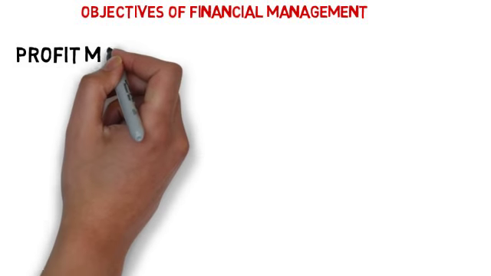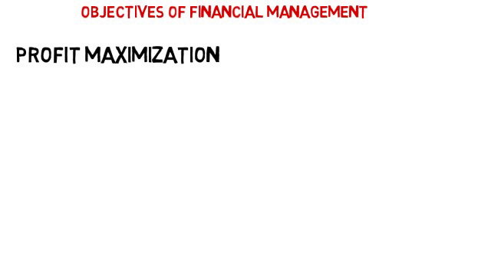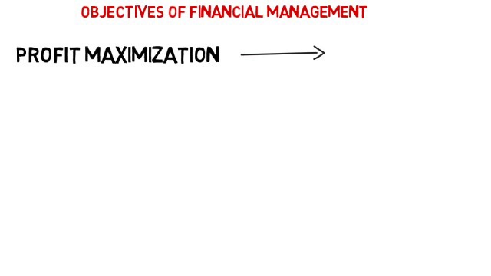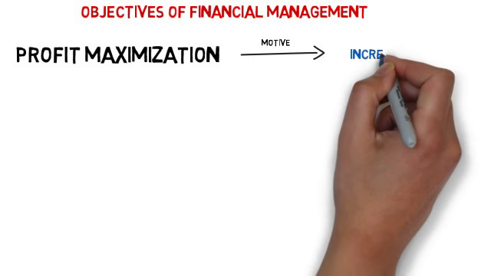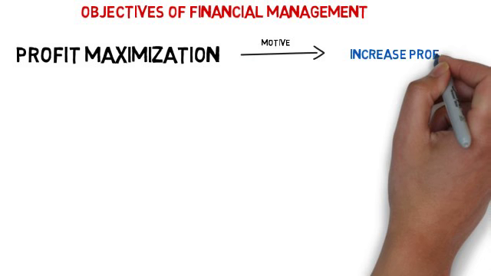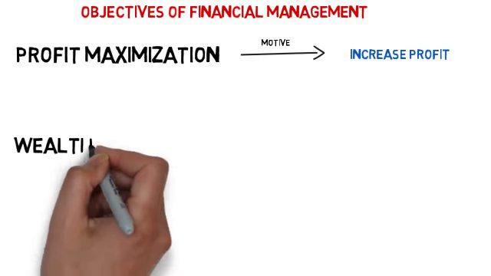It can be broadly classified into two parts: profit maximization and wealth maximization. In profit maximization, the primary focus of the business enterprise is considered to be in maximizing the profit. All decisions such as financing, investment, dividend, and liquidity are influenced by profit maximization. Profit maximization can be argued as a short term objective.